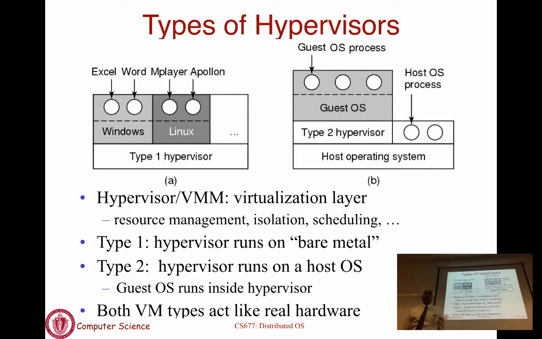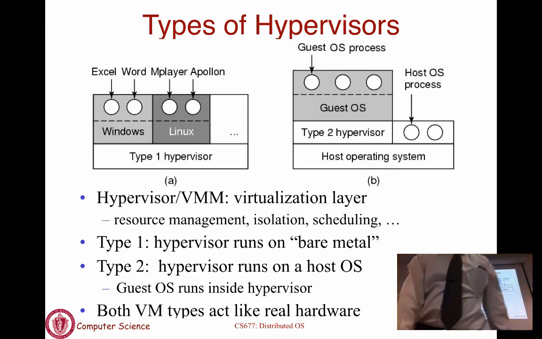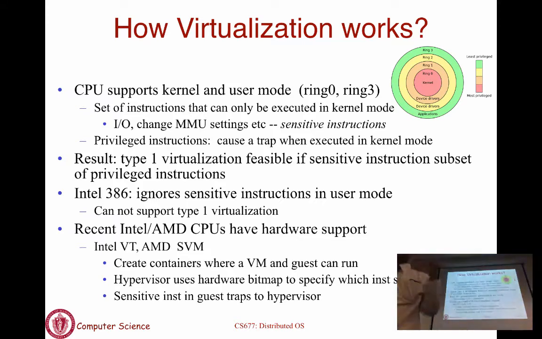So whenever the guest OS tries to do something privileged, you want a trap and you want that to work. What that also says is you cannot implement type 1 virtualization on any hardware that you like. You particularly need a CPU that will actually allow sensitive instructions to also cause traps. That's the only way you can make this work.